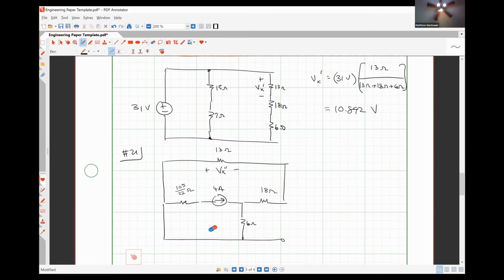All right, so that is what it is, but I don't know that it actually helped. I was thinking I could potentially do current division here, but I don't know that that is going to work.